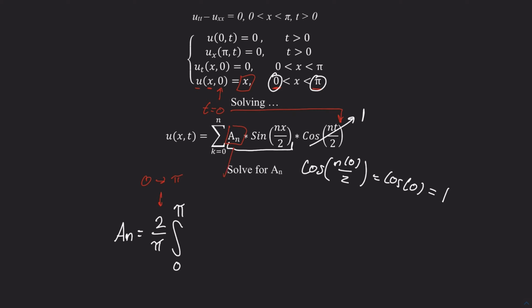And we're going to substitute x in for this case, because this is where the solution is equal to x. Say over here, this was u of x of 0 equals 1, we would substitute 1 for this case. But for this boundary condition, we have x. So let's put an x down here, and our next term is sine of nx over 2, and this is integrated with respect to dx.